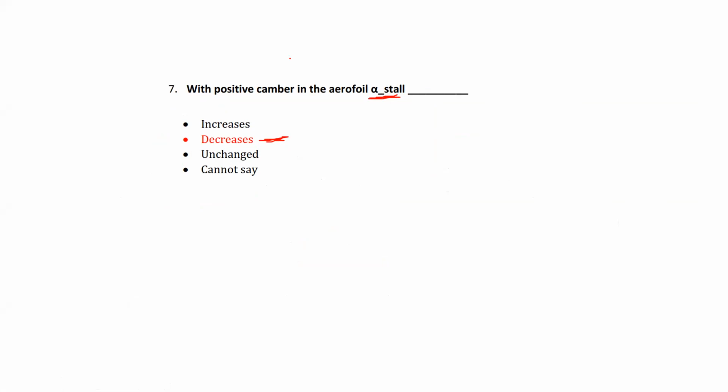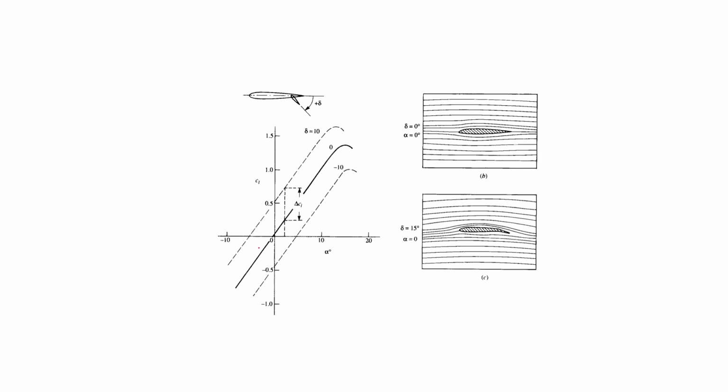So flow separation will occur at a lower angle. Right answer. And I will just show you a picture. This is your symmetrical airfoil. There is something called a high lift device, the flap. It's usually at the back of the wing.